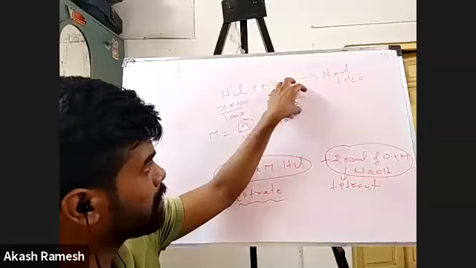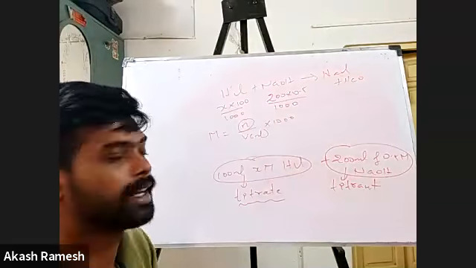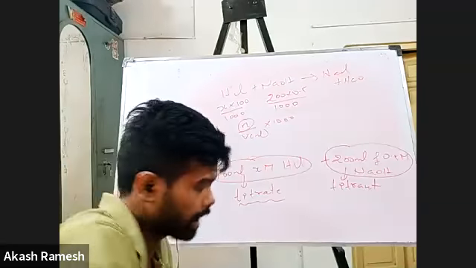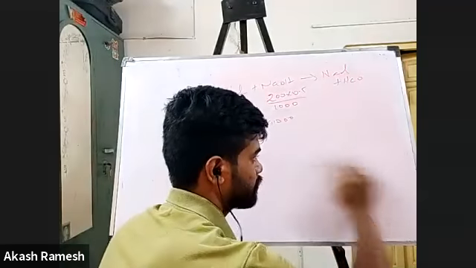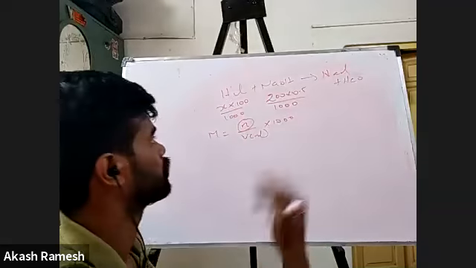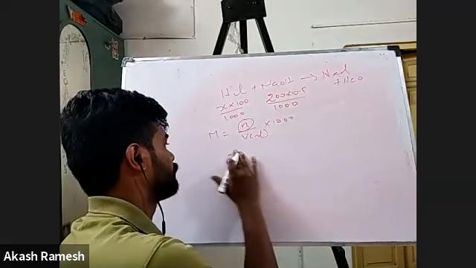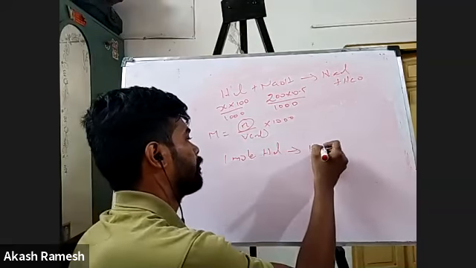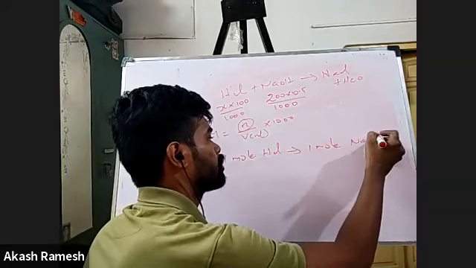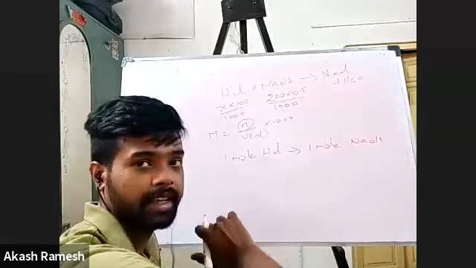So if I have this many moles of NaOH, the same number of moles of HCl is also required. From the stoichiometry, I can easily say that, right?